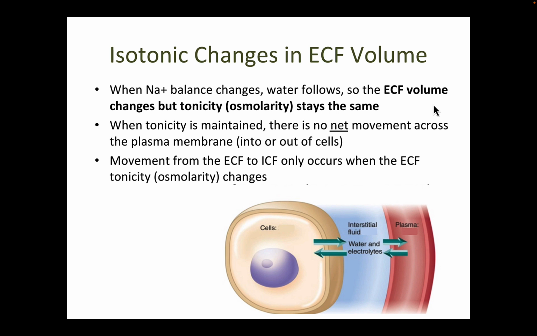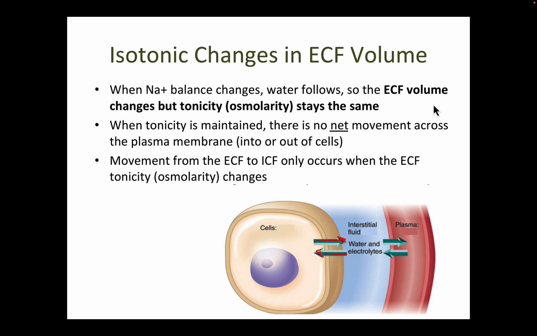Now, when we're not changing the concentration or the tonicity, there's no net movement across the membrane or into or out of cells. So water goes back and forth. So long as we don't change the concentration out here, there's not going to be net movement into the cell or net movement out of the cell.